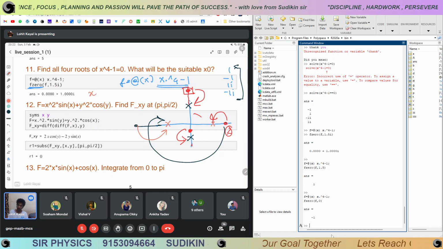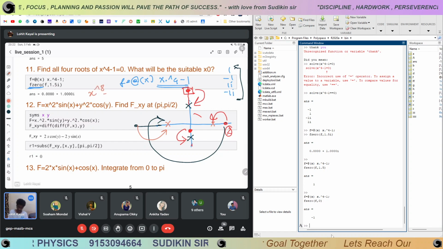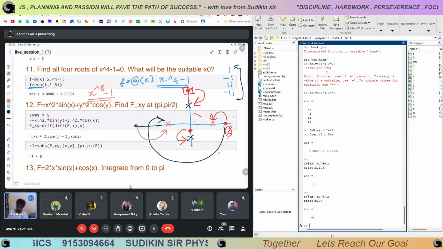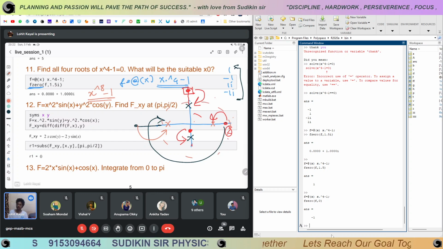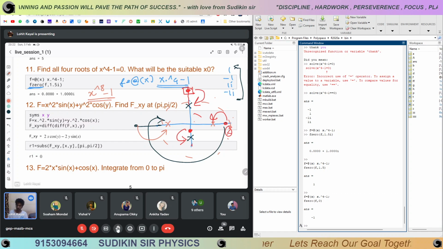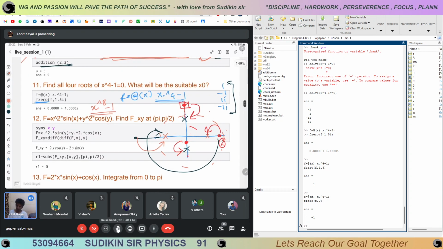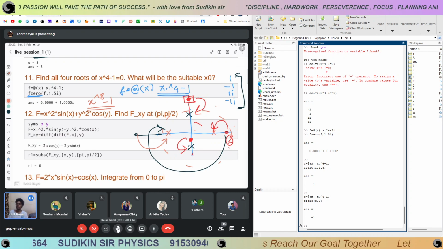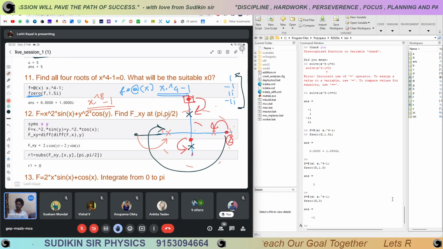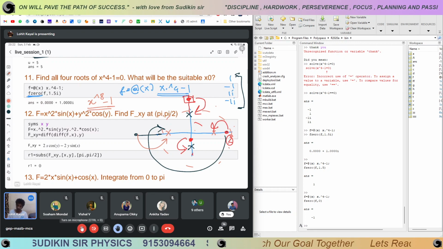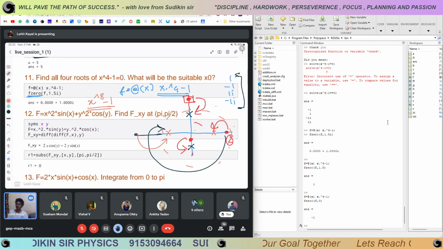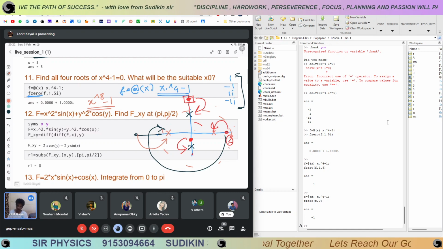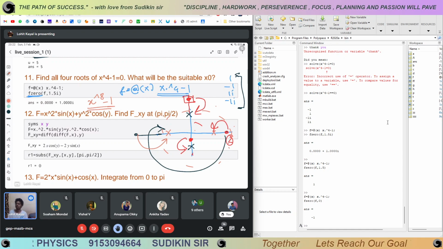Okay. Now you can play with it. You can take some larger function, suppose x to the power 8 minus 1, and take various initial points over the domain. Later I will show you that from this plot using fzero we can generate some beautiful plots. When we learn how to use the for loop and while loop, those things, then I will show that using this we can generate some beautiful plots.